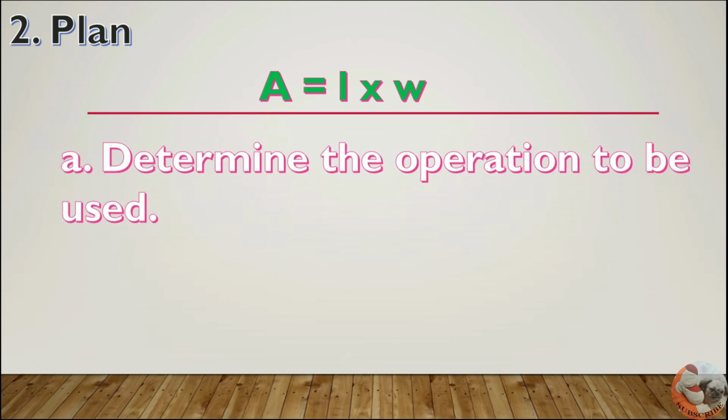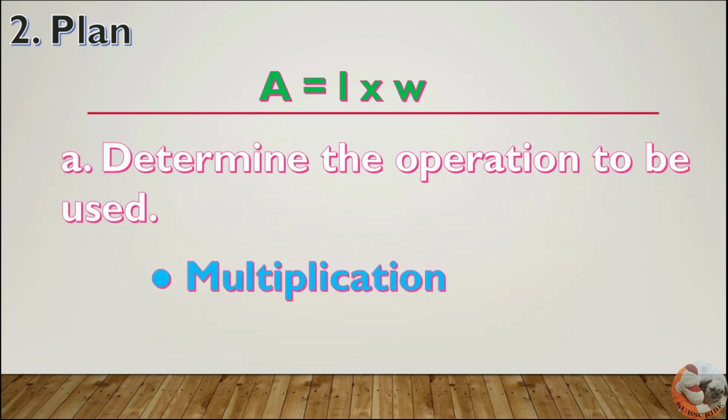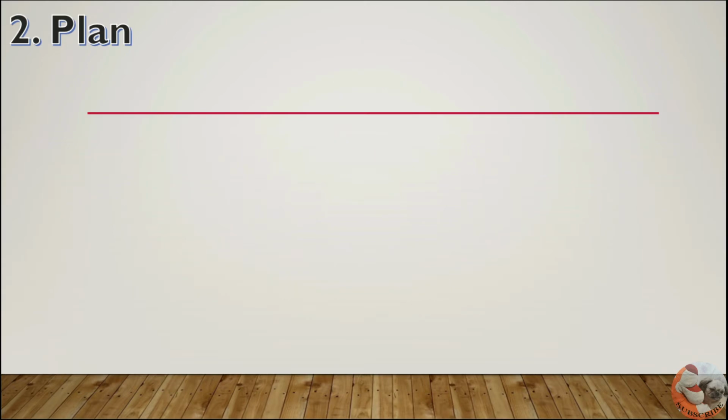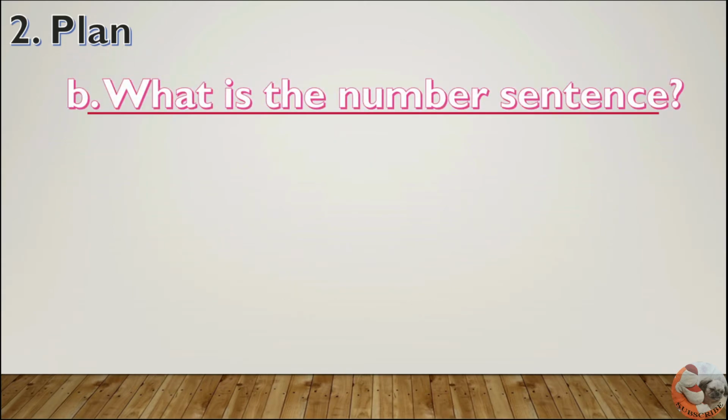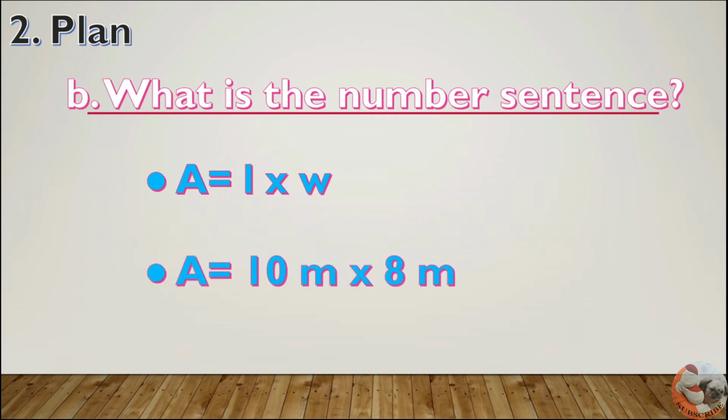Determine the operation to be used. Here we will use multiplication. What is the number sentence? A = L × W. A = 10 meters × 8 meters.